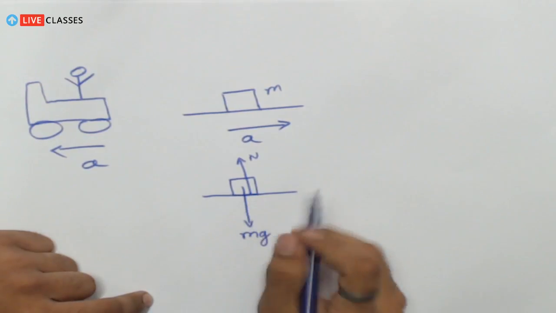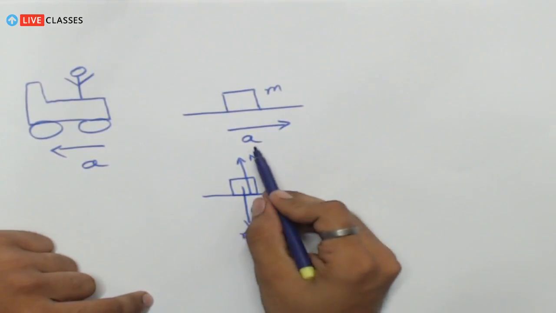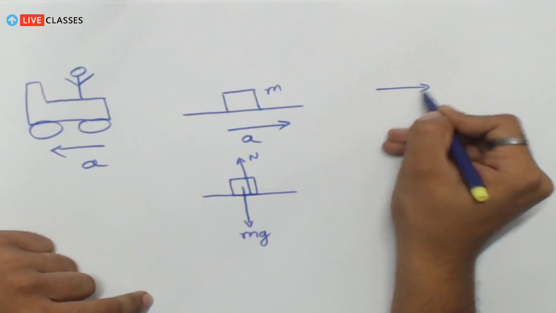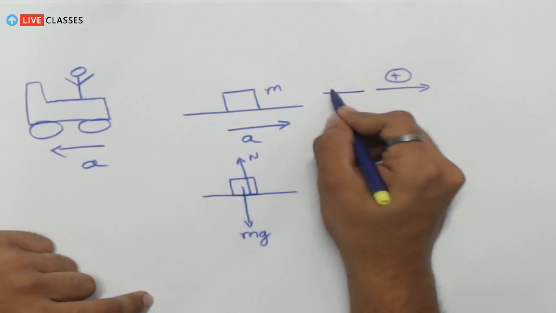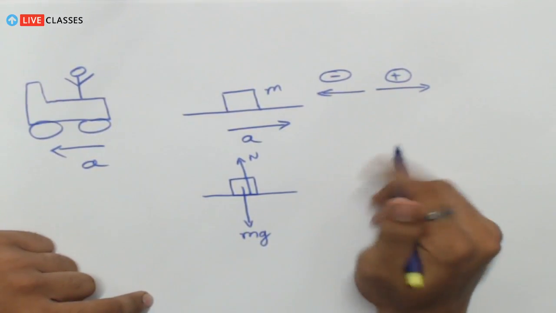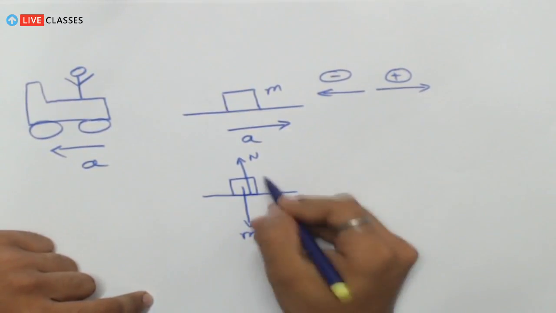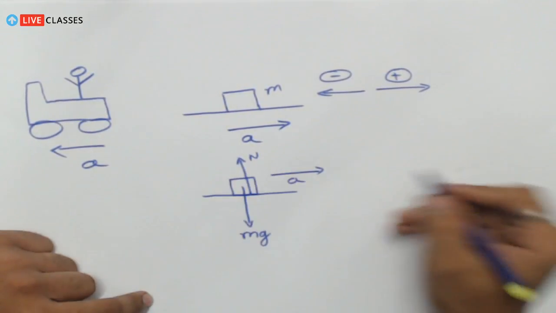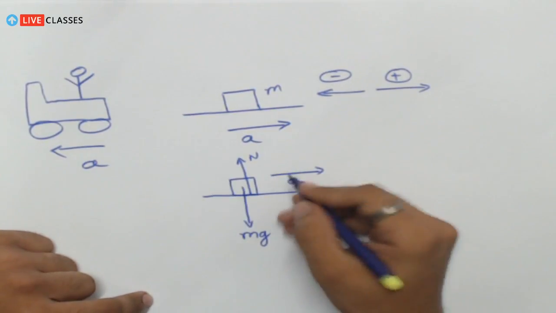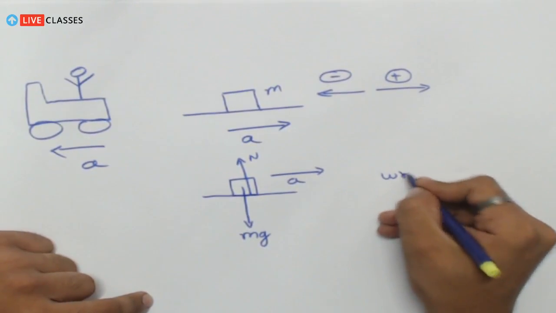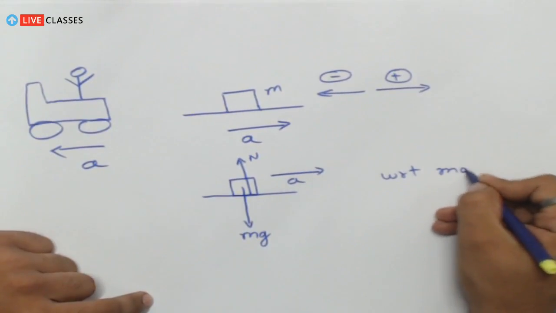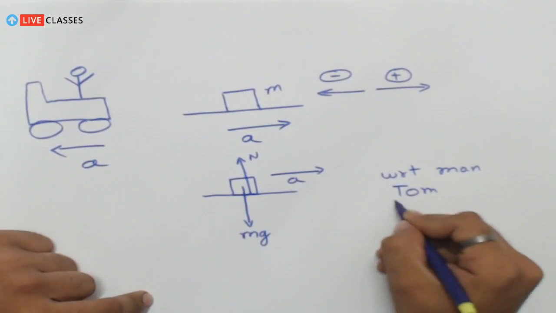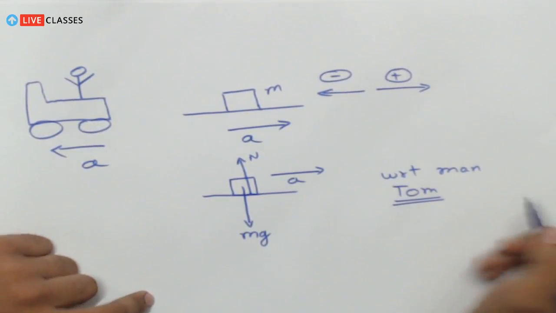He will see that the block is having an acceleration of a in this direction. Let's assume a sign convention also. This is positive and this is negative. So the block has a positive acceleration of a, when the man is watching, meaning everything is with respect to the man. Let's name him, as usual, Tom.